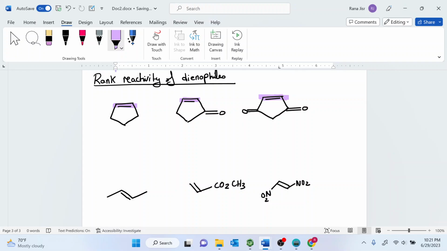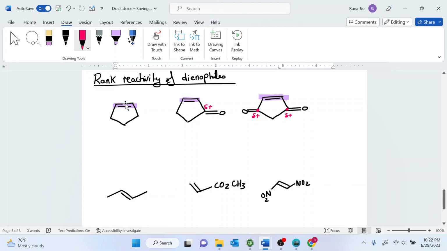The more electron withdrawing groups, the more reactive the dienophile is. So this dienophile has this partial positive carbon and this partial positive carbon. So it does have two electron withdrawing groups next to it. This one has one electron withdrawing group next to it.